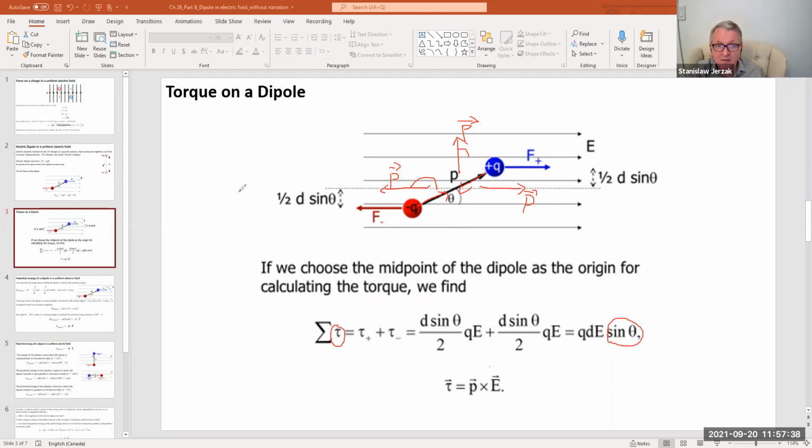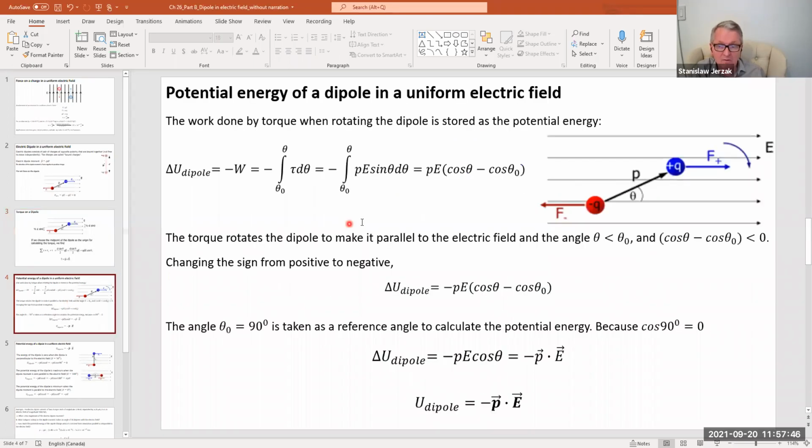I would now like to explain the energy of the dipole located in a uniform electric field.